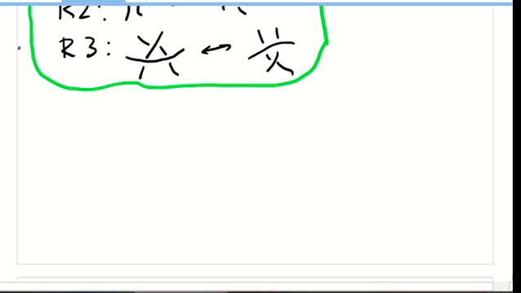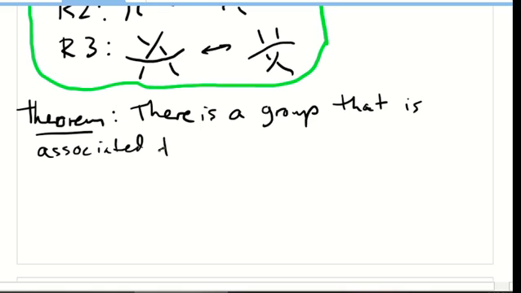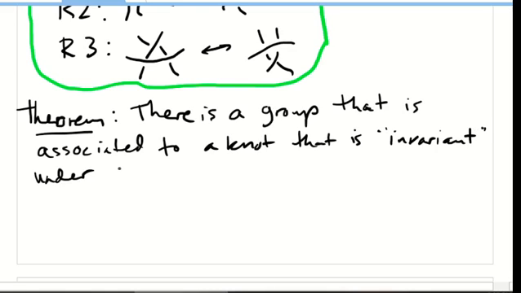So first things first, okay, there is a group that is associated to a knot that is invariant under Reidemeister moves.